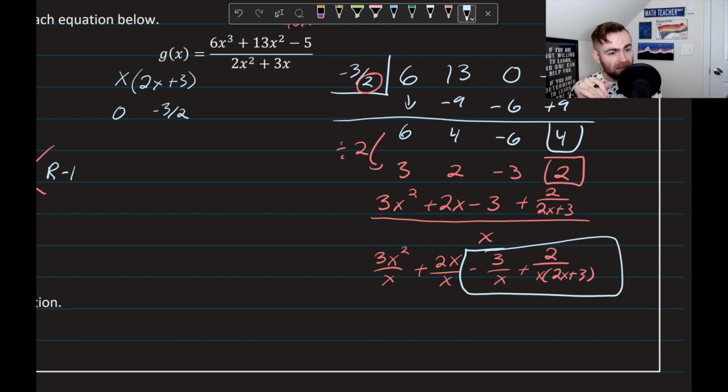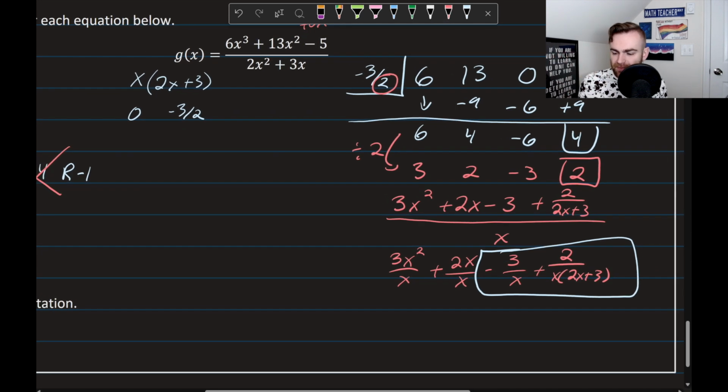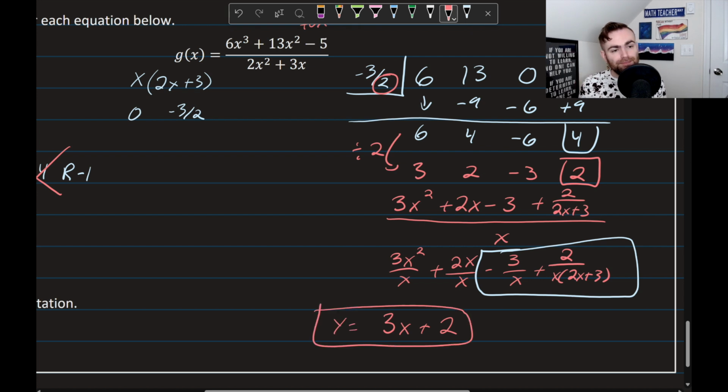So when we get really, really big numbers, those are going to turn into infinitesimally small things. They're going to essentially be 0. So we don't care about those, actually. Those, for our slant asymptote purposes, don't matter. These simplify, though. These simplify into 3x plus 2. Well, guess what? That is our slant asymptote.